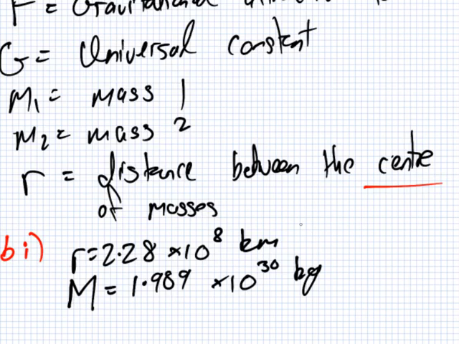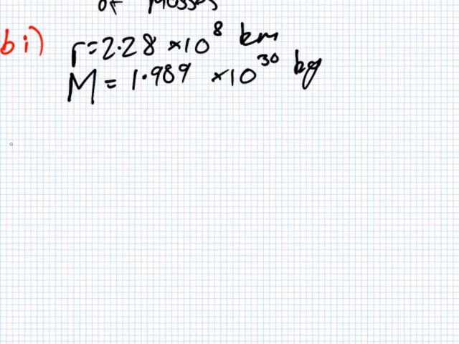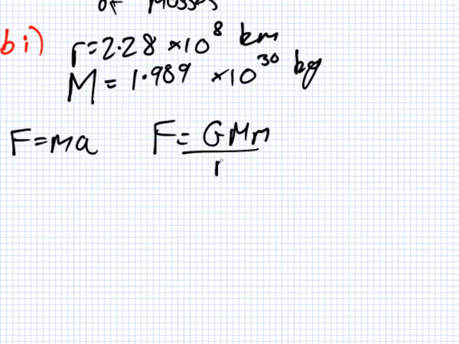Right, so I think we want to use a mixture of F equals MA and F equals GMM over R squared. And also maybe we need to use F equals MV squared over R. I'm just giving myself ideas.